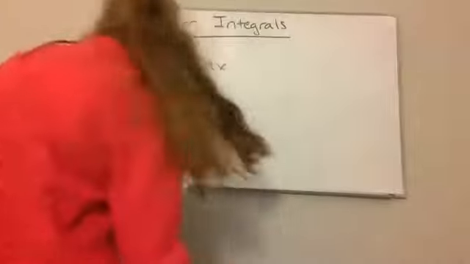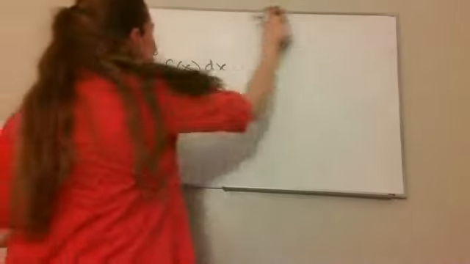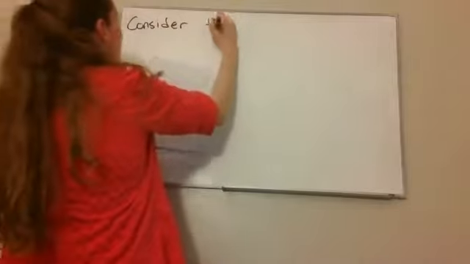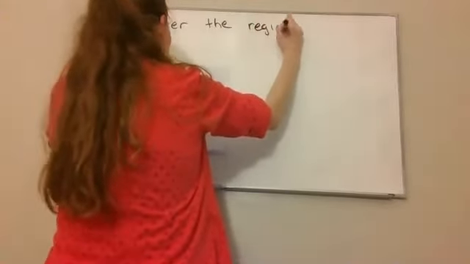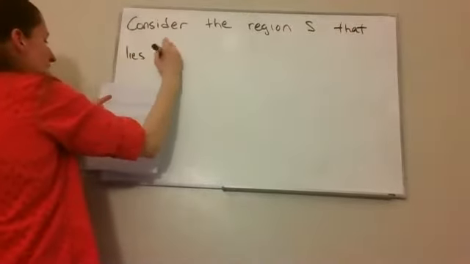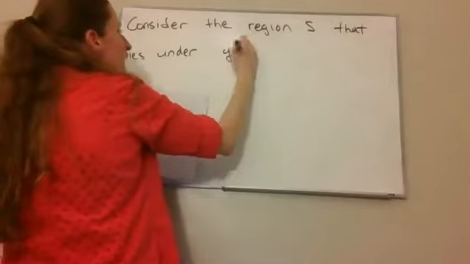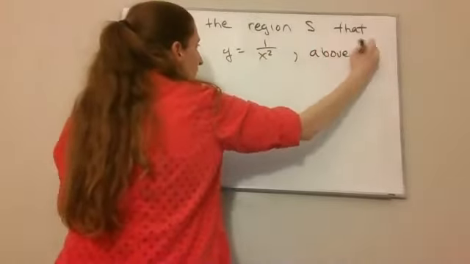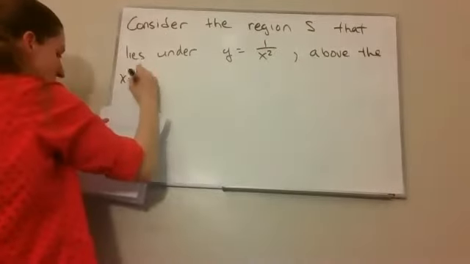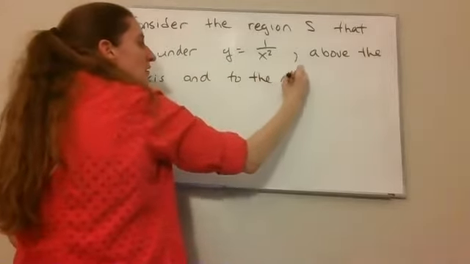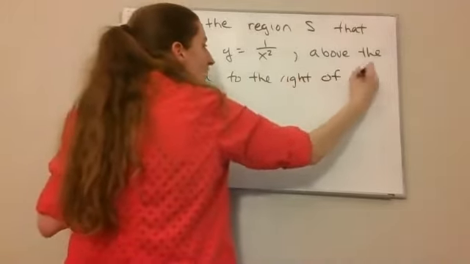So let's just start right away with an example so we see what's going on here. So let's just consider the region S that lies under y equals 1 over x squared above the x-axis and to the right of x equals 1.